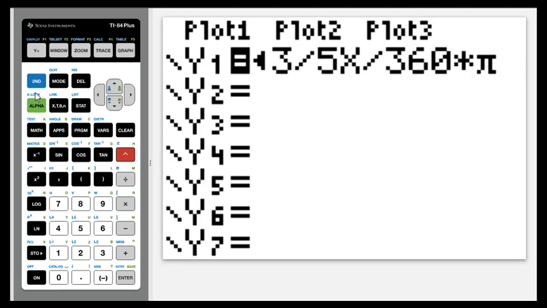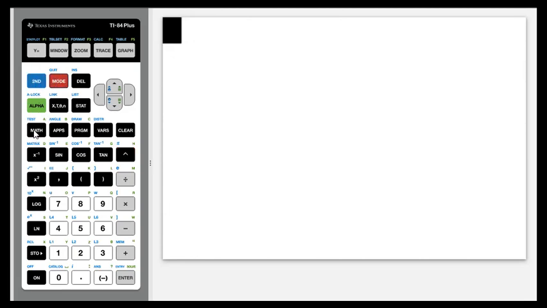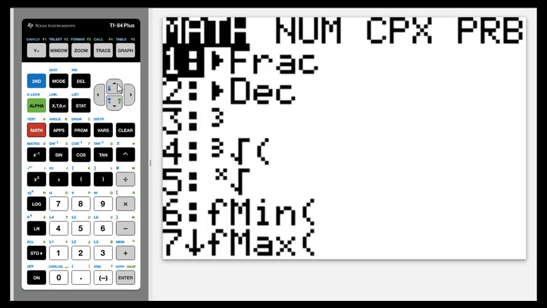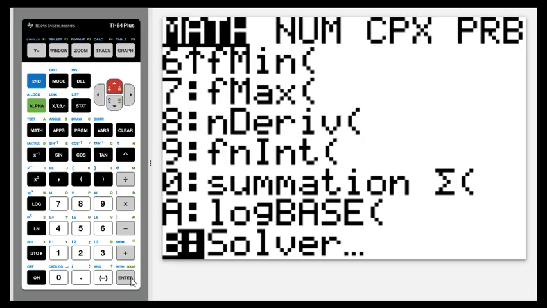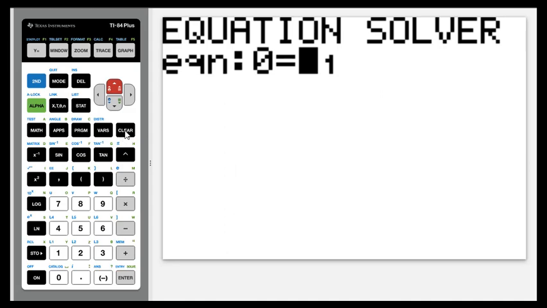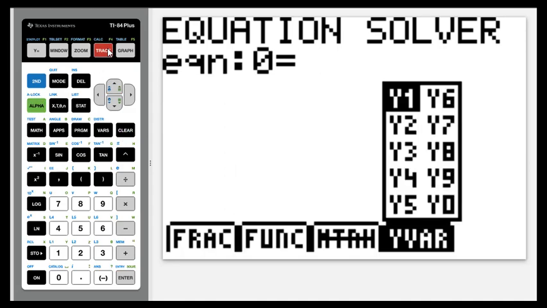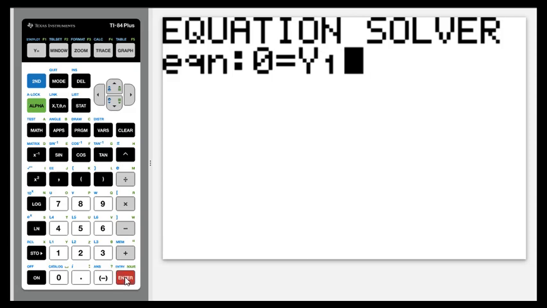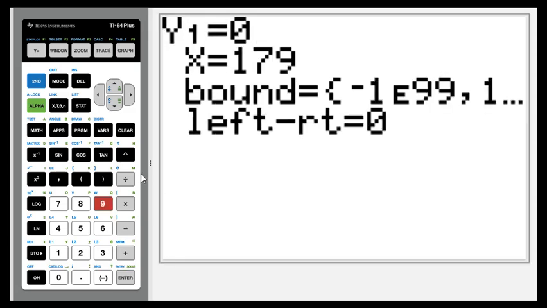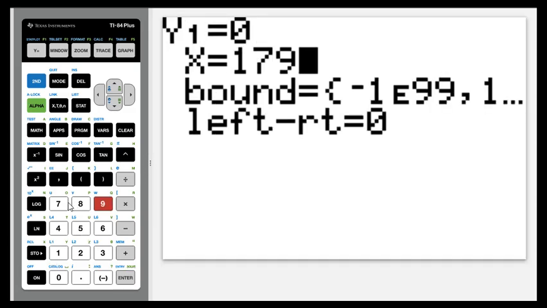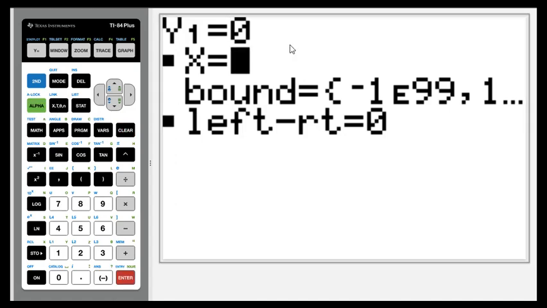Then we go to quit, math, upper arrow, go to solver. You still need to put y1, so alpha trace y1, then enter. You can put your favorite number. I put a 7. Then I do alpha, enter. They give me 0.